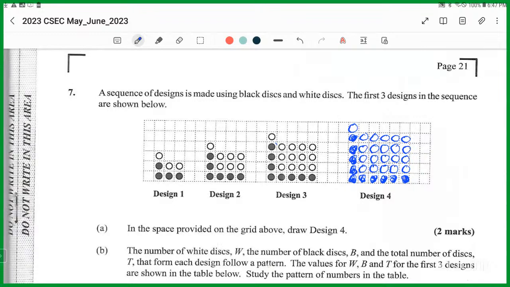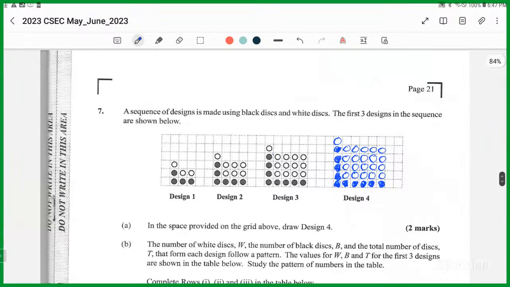That is the shape of design 4. That is the shape of design 4, right? 1, 2, 3, 4. 1, 2, 3, 4, 5. Okay, that's making sure.